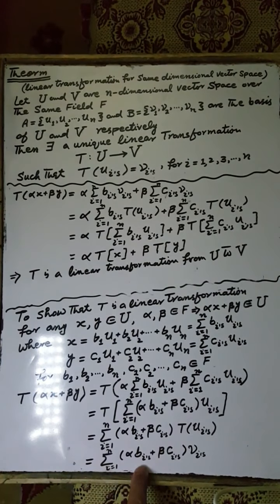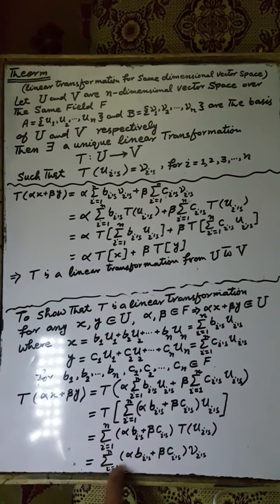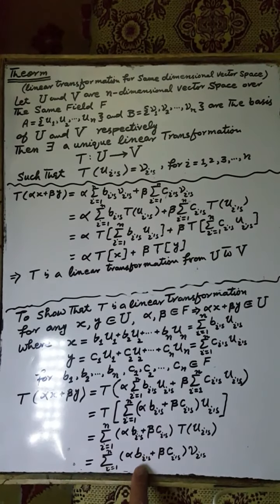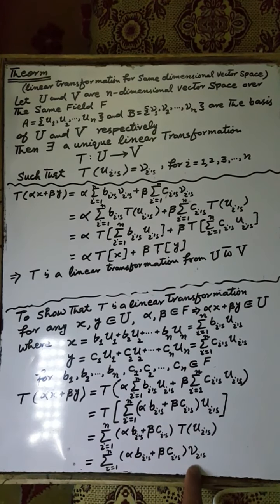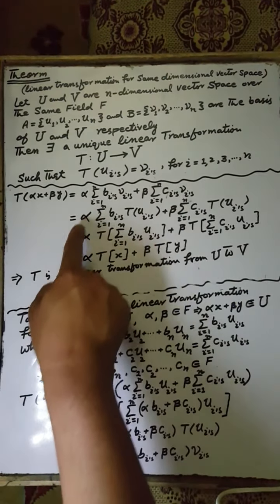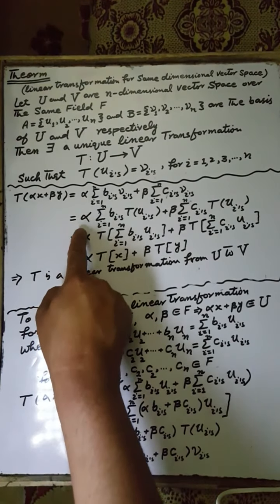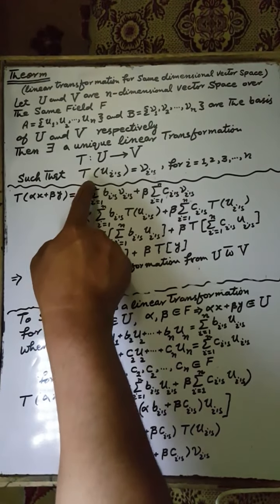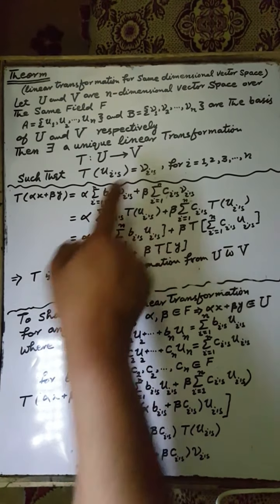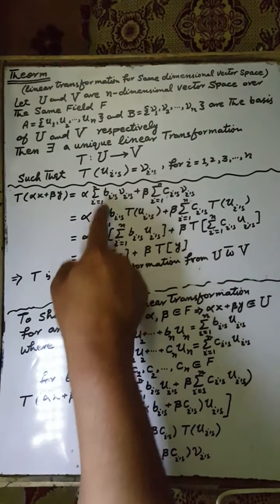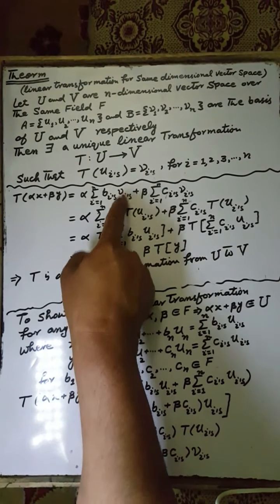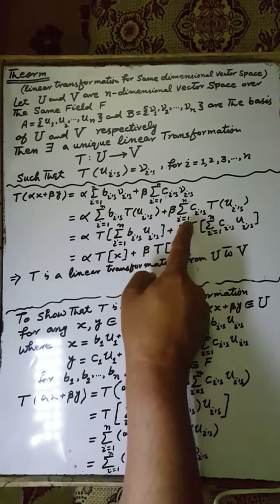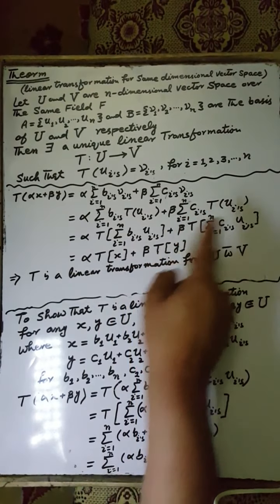After the rearrangement of these steps, we have alpha times the summation of bi vi plus beta times the summation of ci vi, which can be rewritten as alpha times the summation, i = 1 up to n, of bi T(ui), since each T(ui) is equal to vi. Therefore, we replace vi by T(ui), plus beta times the summation, i = 1 up to n, of ci T(ui).